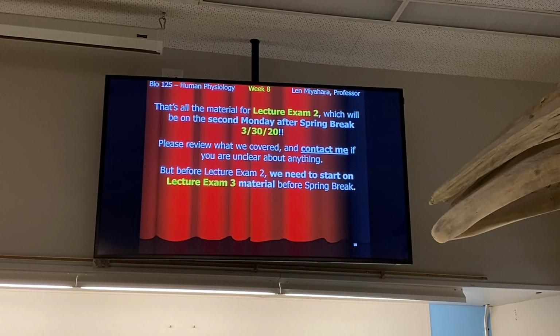Okay, you want to put a note right there. That's it for lecture exam 2. That ends lecture exam 2 material. Everything after this, including hormonal physiology, is going to be lecture exam 3. So on the study guide for 2, it has the hormones. You want to cross it off and say that belongs on lecture exam 3.